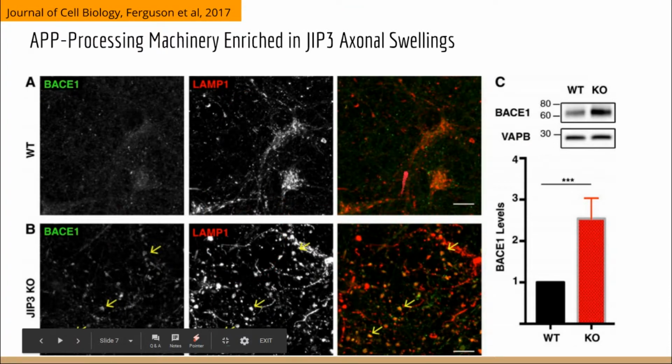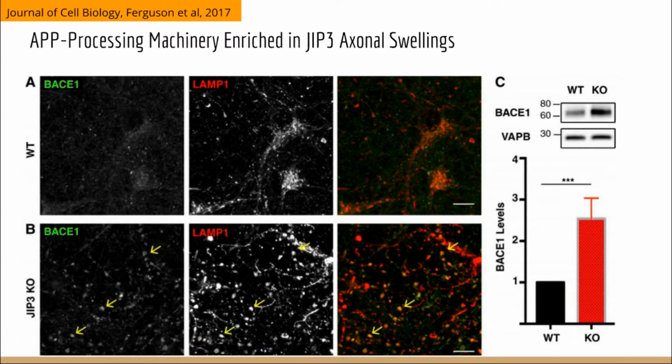They found that there was a lot more BACE in general, and a lot of it co-localized with LAMP1, which is a marker of lysosomes. So we see a lot of BACE in these lysosomes. And since BACE is producing that harmful beta cleavage that leads to amyloid beta 42 fragments, this is probably not very good news for the neurons.